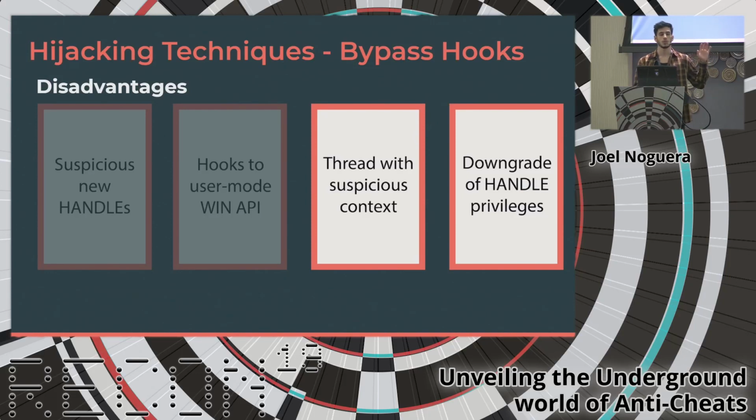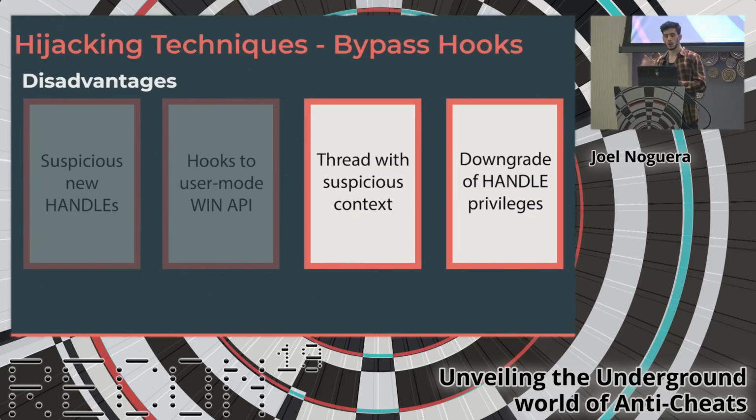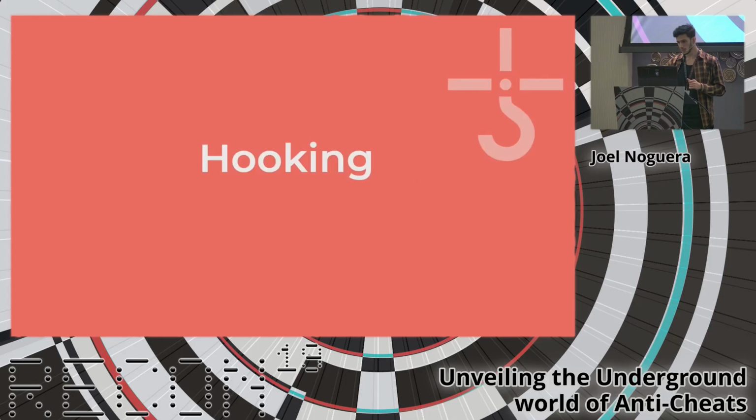Now I want you to keep in mind these 2 problems, because I want to show you a different technique that will help us understand how we could bypass them. Hooking, right?